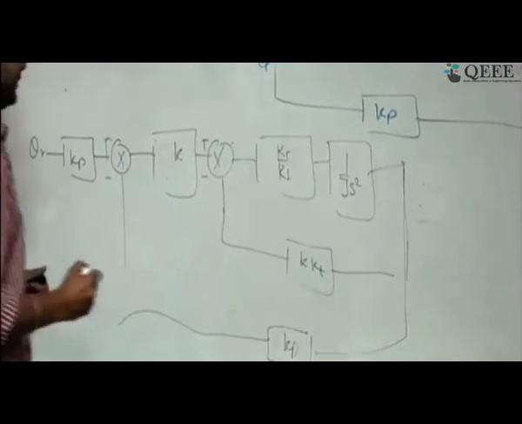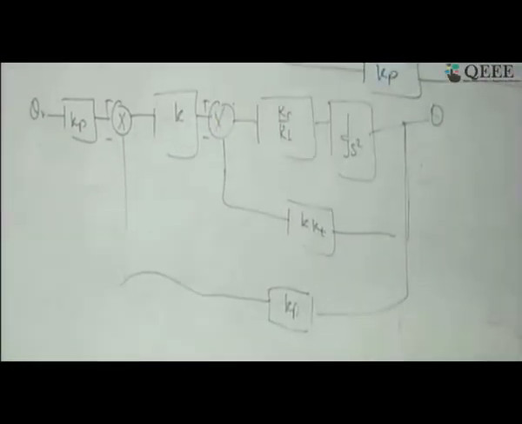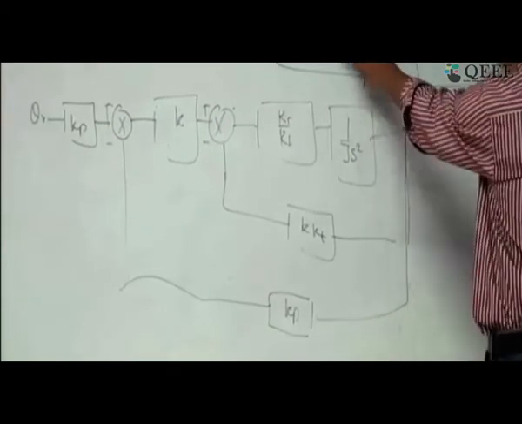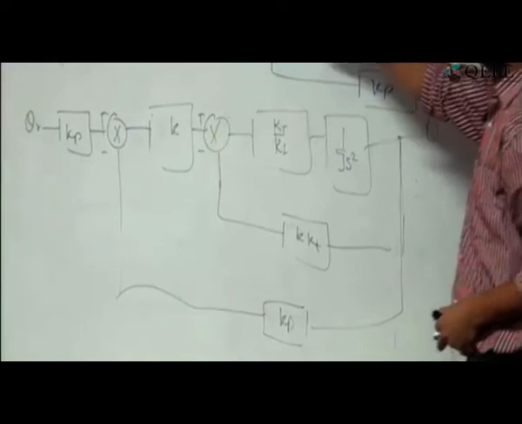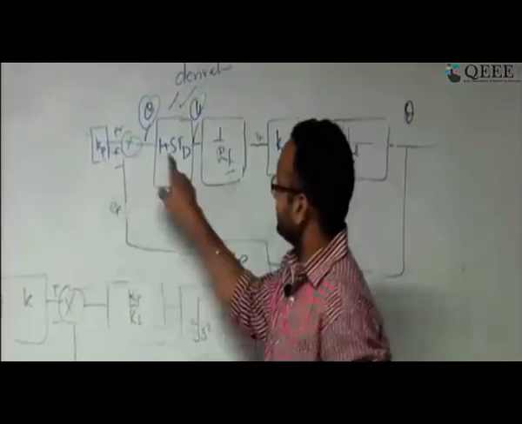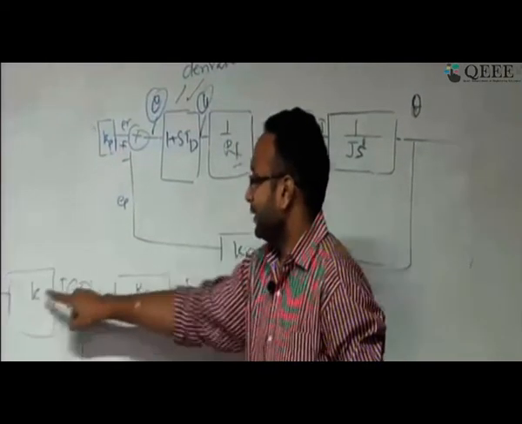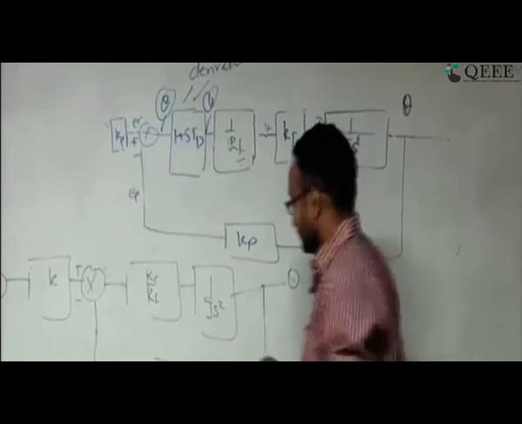Okay. Let me explain what I have drawn. It's a very tricky thing that I have applied. Earlier this diagram was there. Now what I am saying is, don't take the derivative of the error. That's why this term is only k. Now instead of the derivative of the error, I am taking this s. There is going to be a term s here.